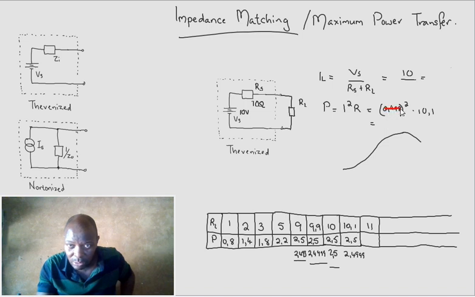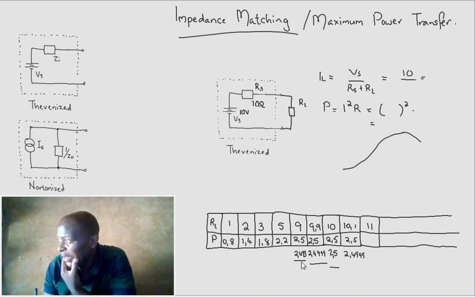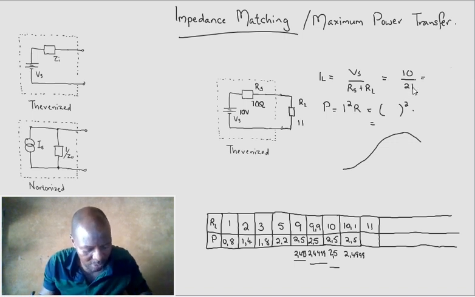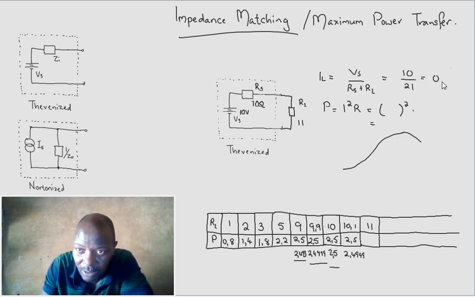So now we will have 10 divided by, this is 11 now. So this is going to be 10 and 11. System impedance doesn't change. The load has changed to 11, so the total is 21. 10 divided by 21, that's our current: 0.476, rounded to three decimal places.